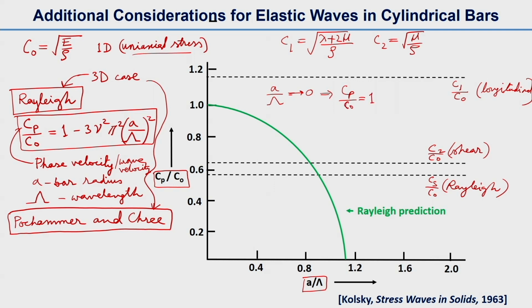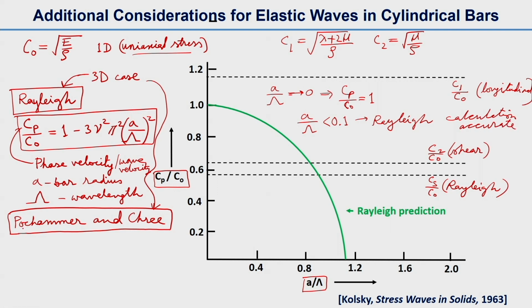And for A by lambda smaller than or equal to 0.1, the Rayleigh corrections are accurate.